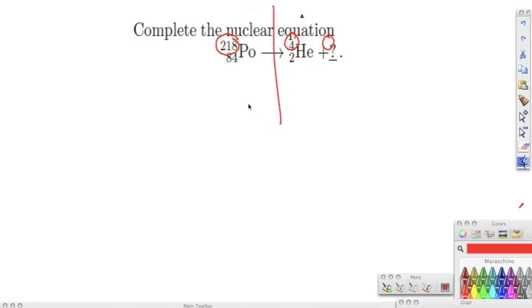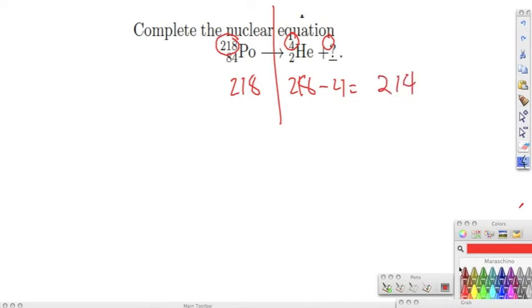So we kind of draw a line down the middle and we say that on this side, the mass number on top is 218. So over here, we have to have 218. Okay? But we already have 4. So 218 minus 4, that means that the number on here is going to be 214.